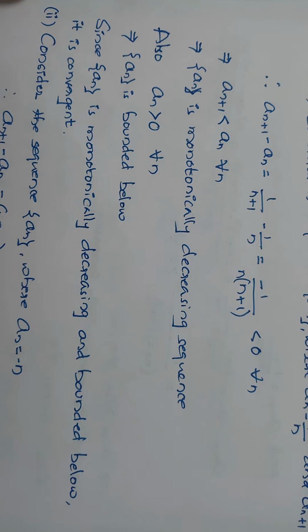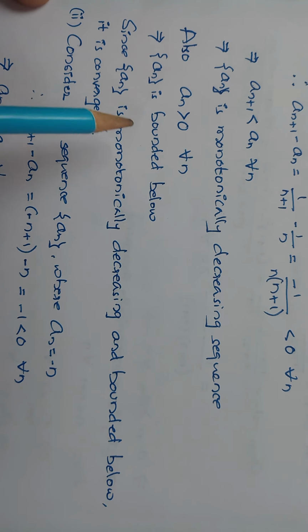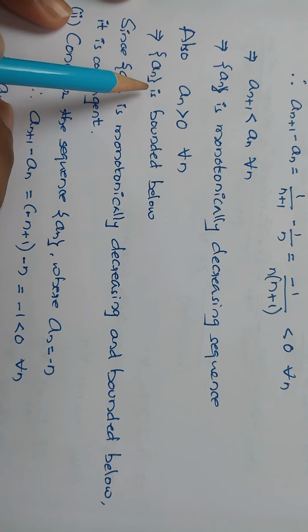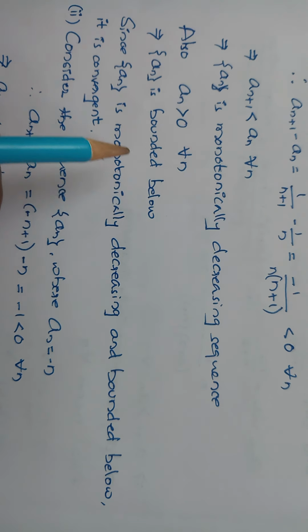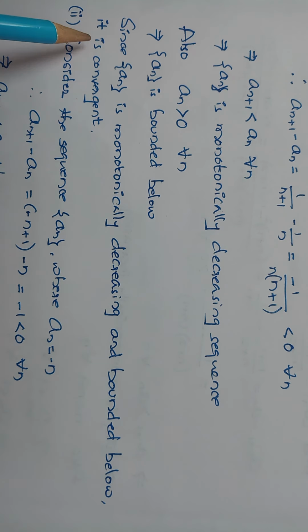Therefore, a_n is bounded below. Since a_n is monotonically decreasing and bounded below, it is convergent.